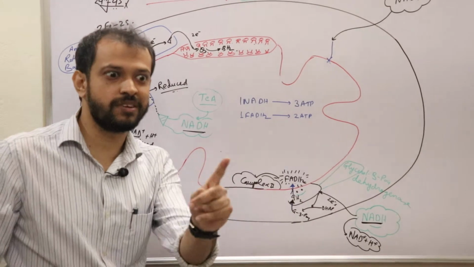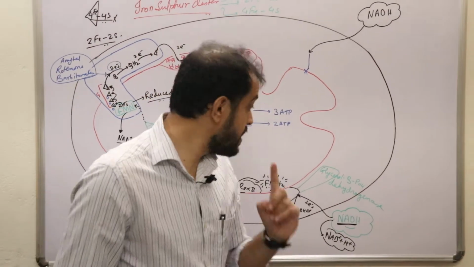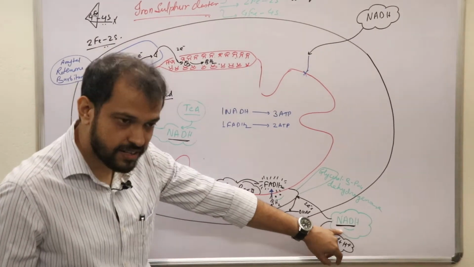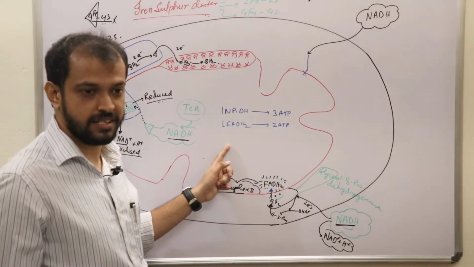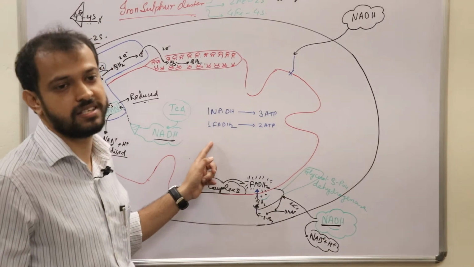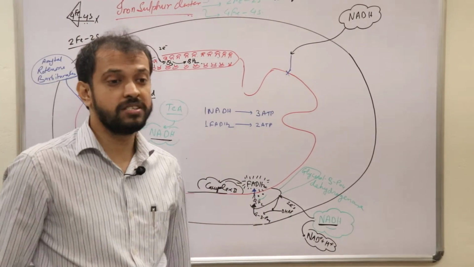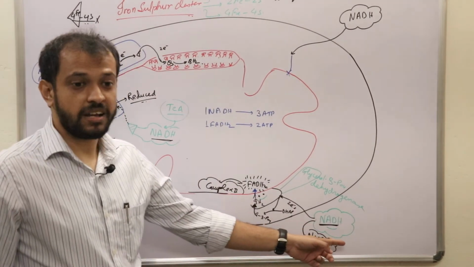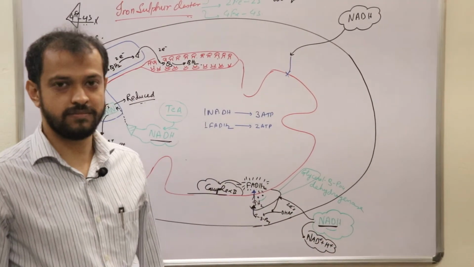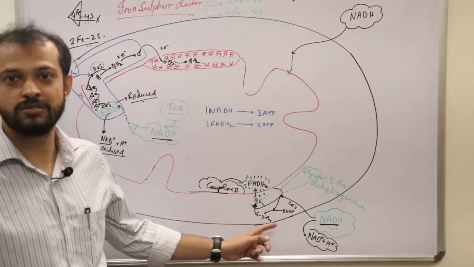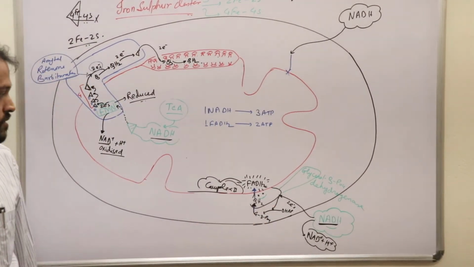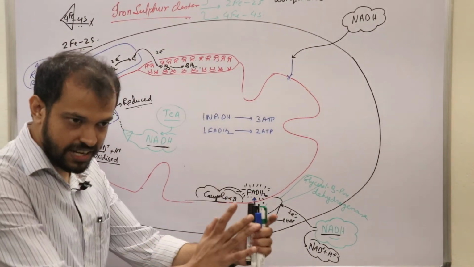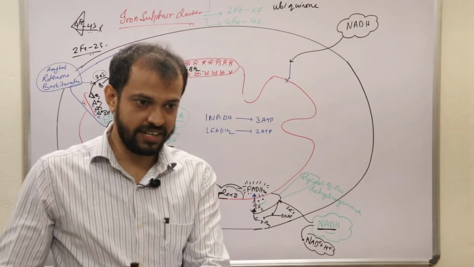That's the very basic difference between cytosolic NADH and matrix NADH. The NADH coming from the TCA cycle will always give 3 ATP, but the NADH coming from the glycolytic pathway will always give 2 ATP, because they are actually converted into FADH2, and FADH2 starts from complex 2. Okay, so that's the very basic difference between cytosolic NADH and mitochondrial NADH.